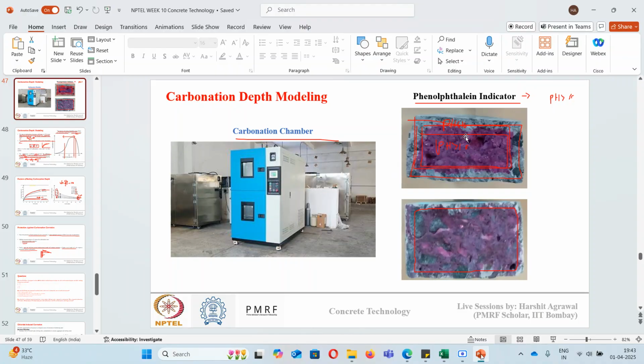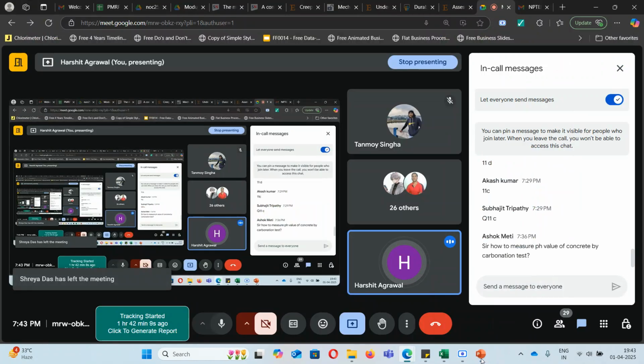If pH falls below 10, then we can say the passive layer will destabilize in this region. And if pH is more than 10, then we can say that my concrete is alkaline enough to keep the passive layer stable. That's why we use a phenolphthalein indicator instead of any direct quantification of pH. We generally do qualitative estimation of pH, not quantitative estimation, because we just care about whether the passive layer is stable or not.